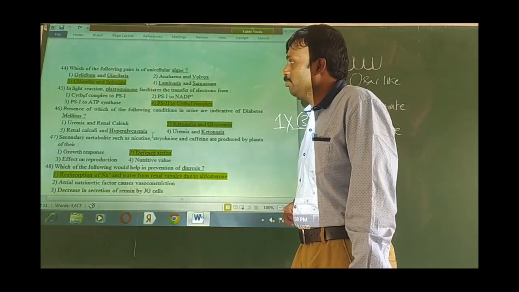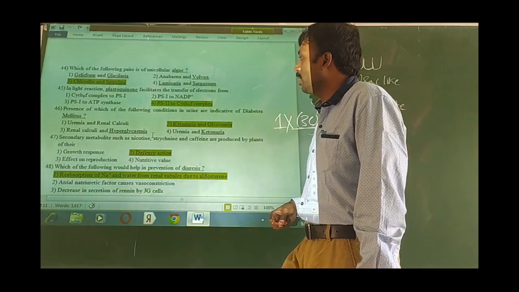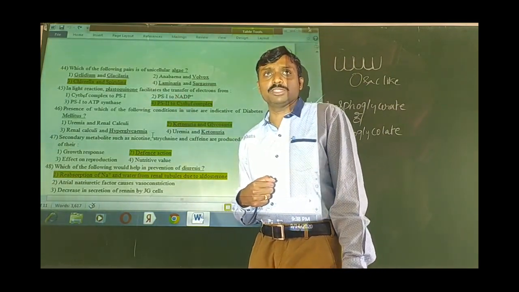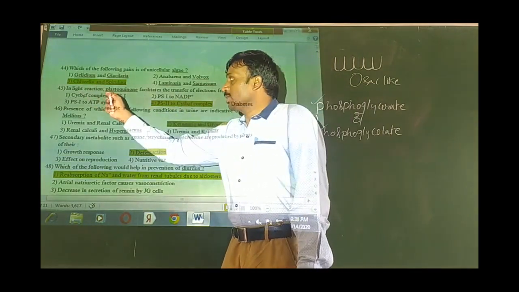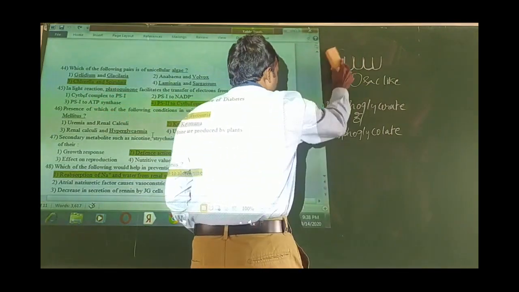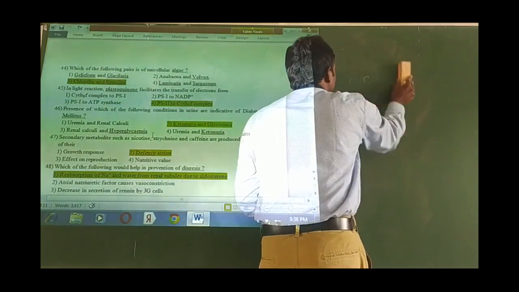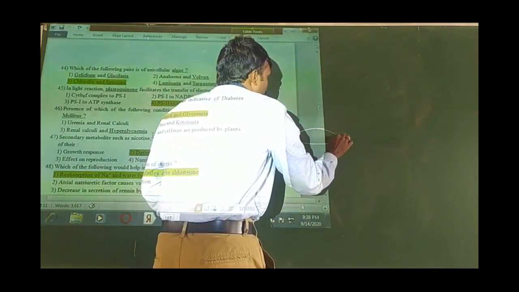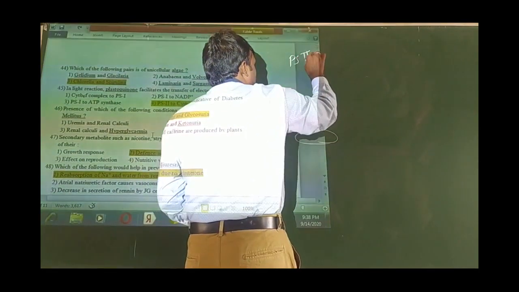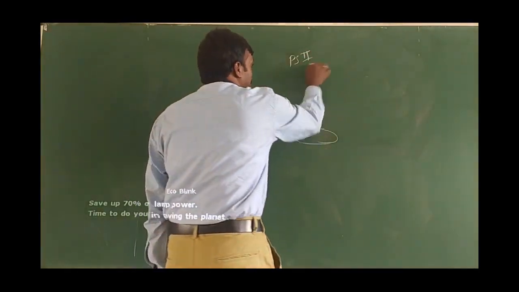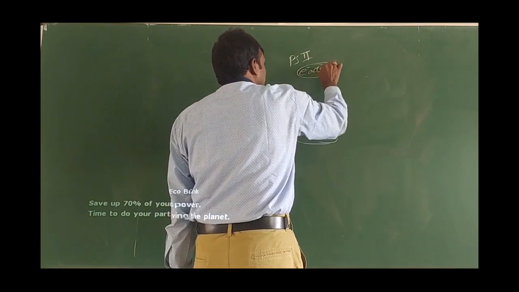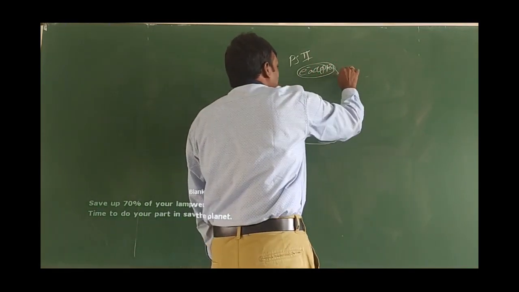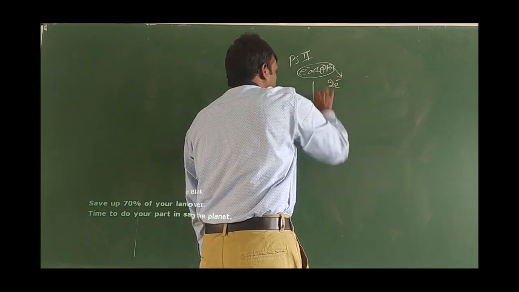In light reaction, plastoquinone facilitates the transfer of electrons from. So this is from photosynthesis in higher plants, first year syllabus. Okay. So plastoquinone, if you remember, the electron transport system always starts with PS2. Okay. So here the electron acceptor is called pheophytin. So that pheophytin transfers the pair of electrons.